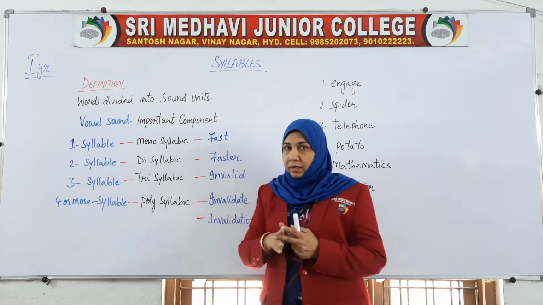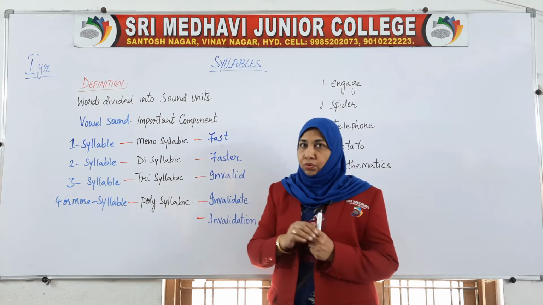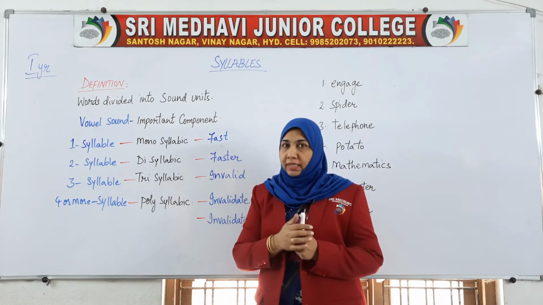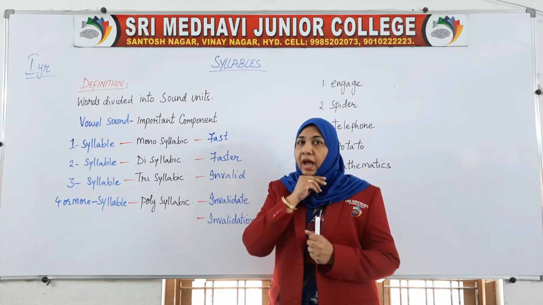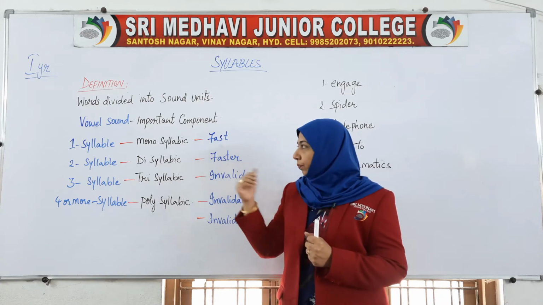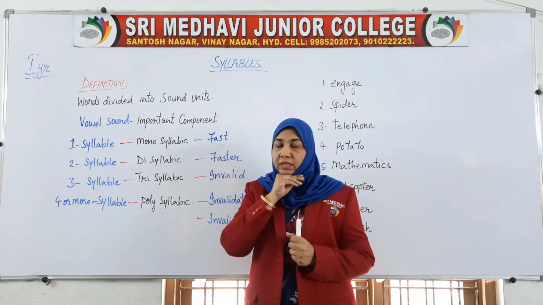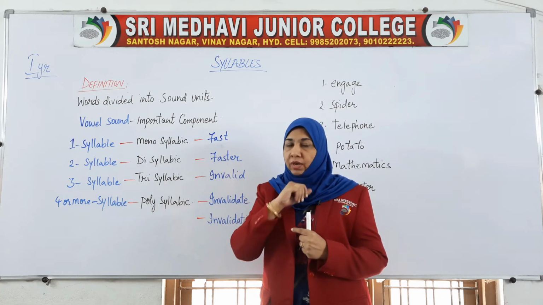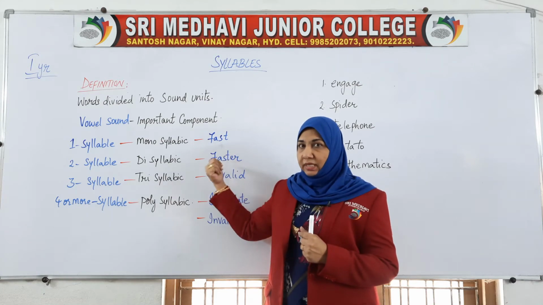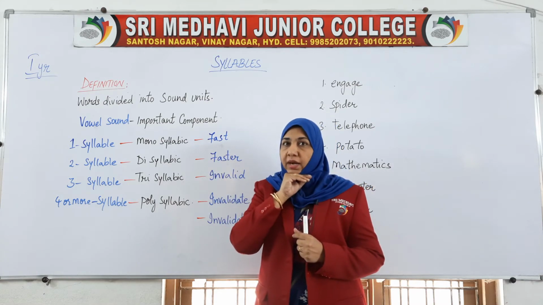Now one more thing I can give you. An easy way to understand this is to keep your hand under the chin and pronounce the word, like this, fast. How many times is your chin moving, your hand moving? Only one time, that is one syllable. Faster.